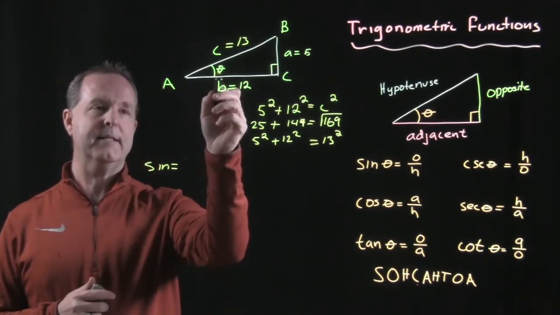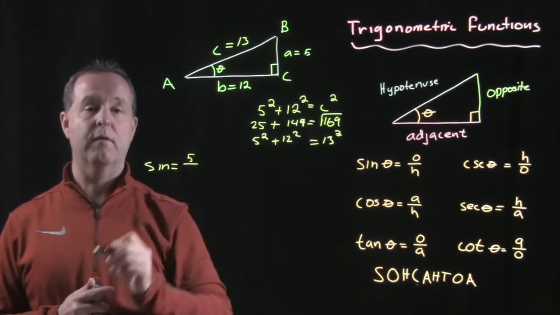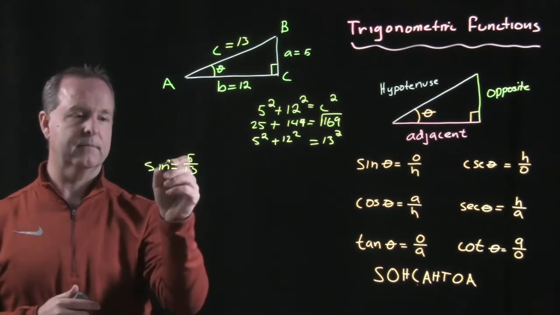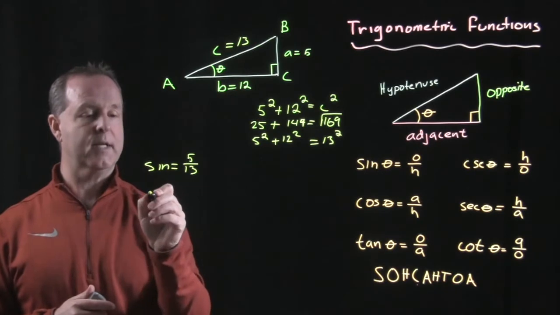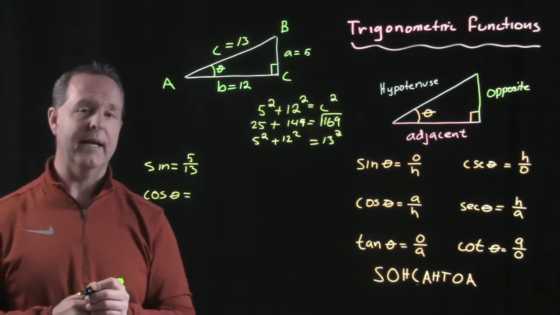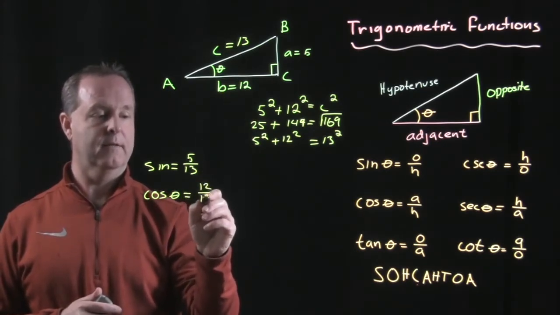So what's the opposite of this angle? It's on the other side. So that's 5 over hypotenuse, which is 13. So the sine of theta is 5/13. The cosine of theta equals adjacent over hypotenuse, which is 12 over 13.